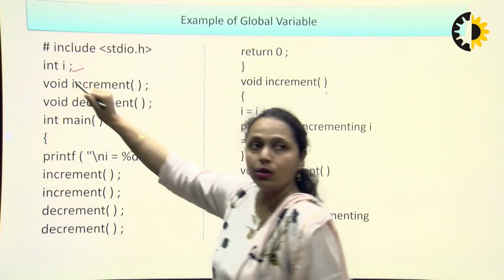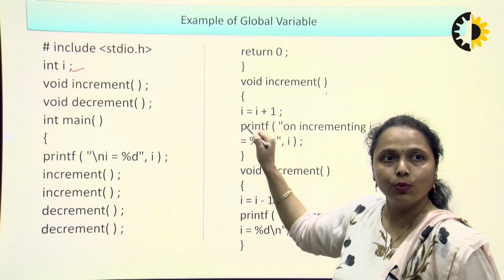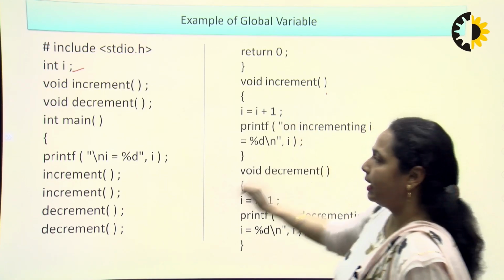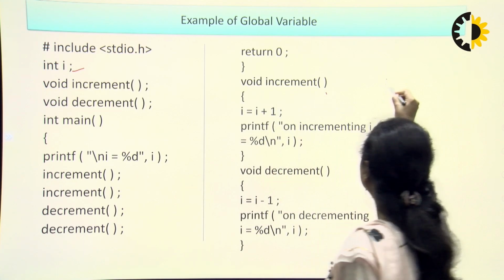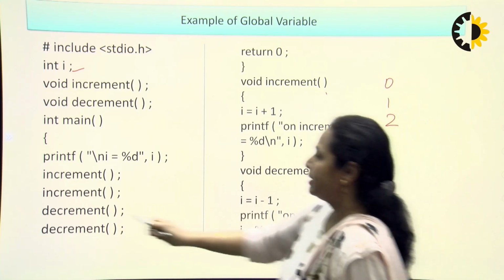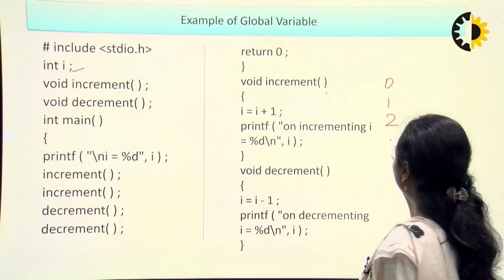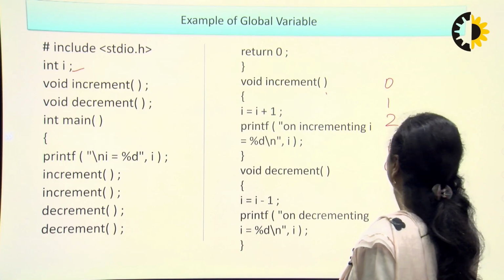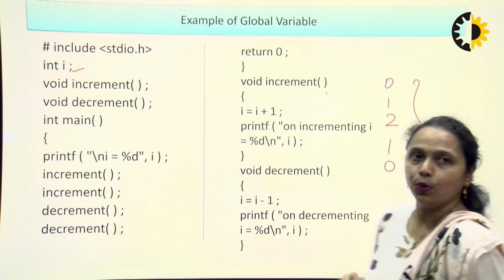Since i is global, it will get 0 plus 1, that is 1. So the output is 0, 1. Again increment is called, that is 1 plus 1, 2. 0, 1, 2. Next decrement is called, so control will go to decrement and it will decrease the value by 1. Again decrement is called, and it will go back to 0. So this is going to be the output flow.